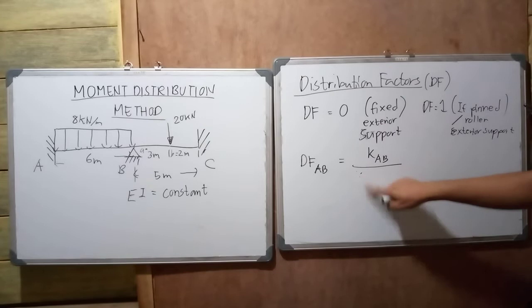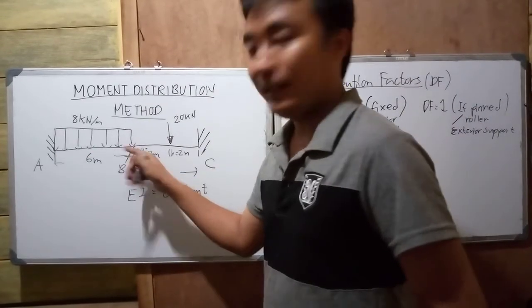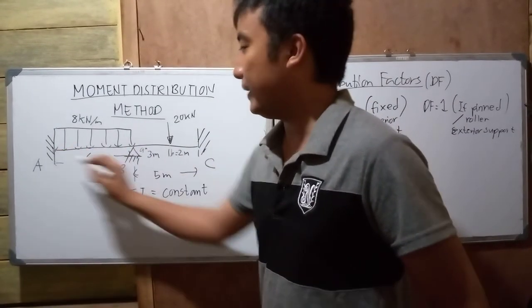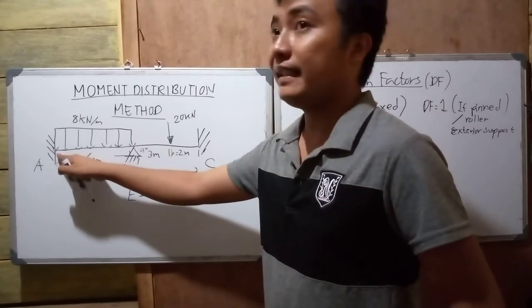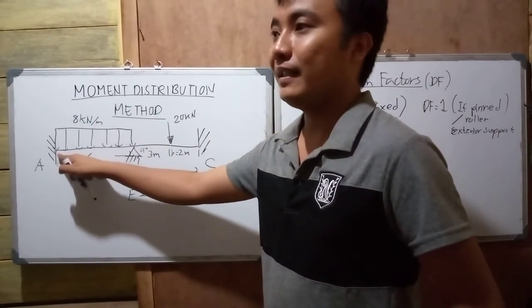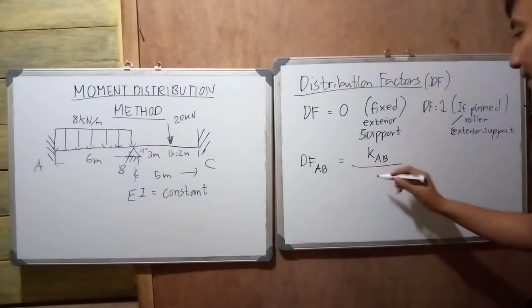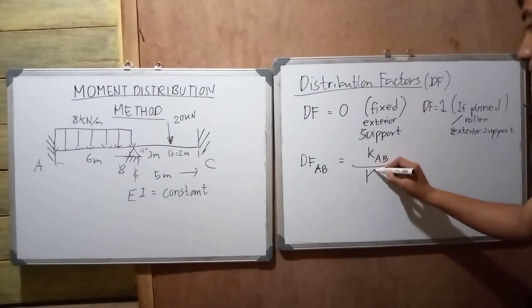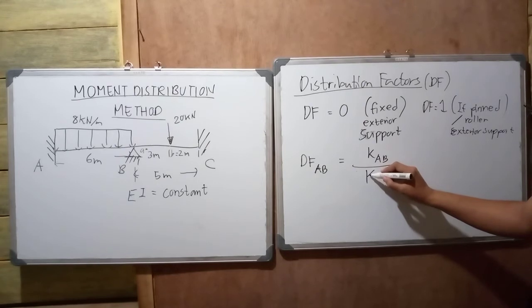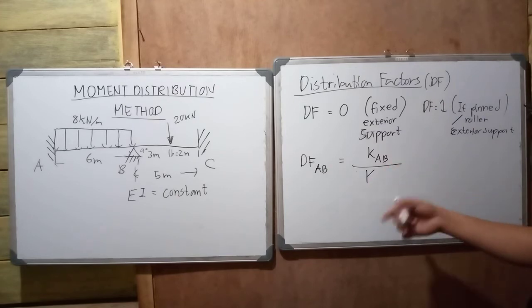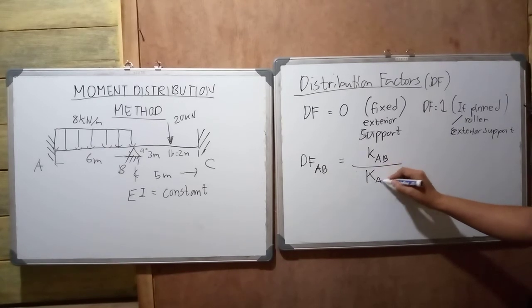Kasi isa lang yung, pag sinabi nating AB, from this point to that point, so isa lang. So, therefore, it is equivalent to KAB over KAB. Okay, isa lang.